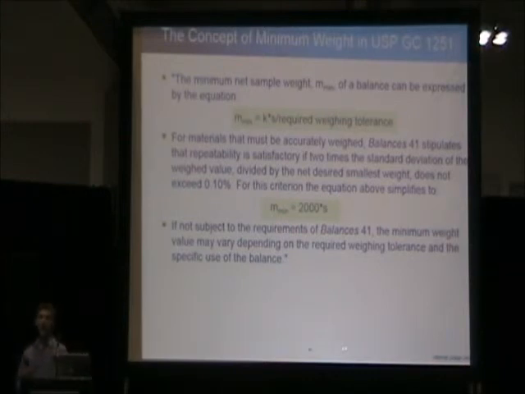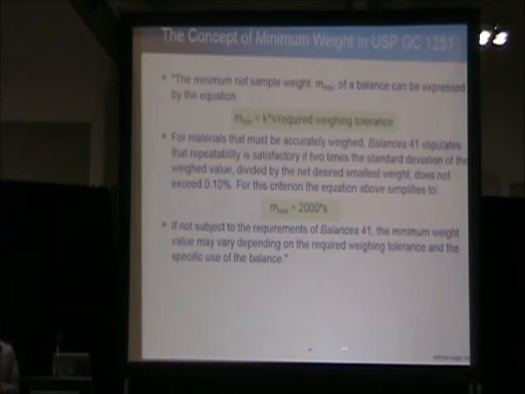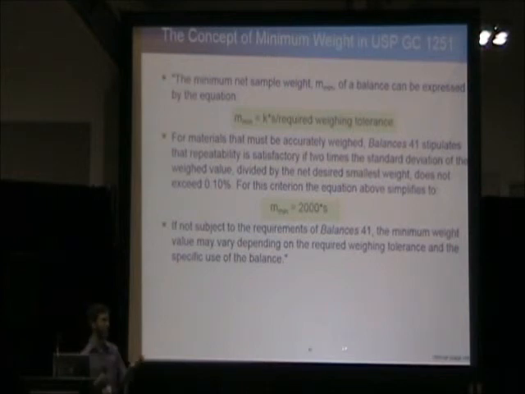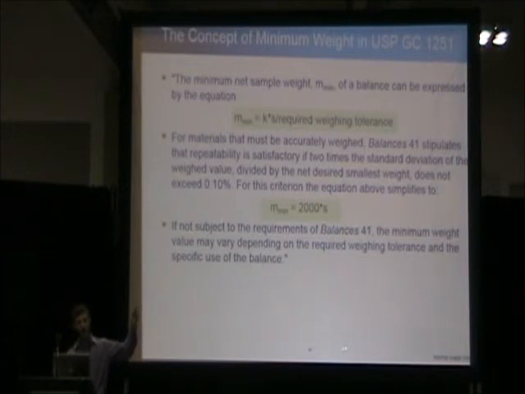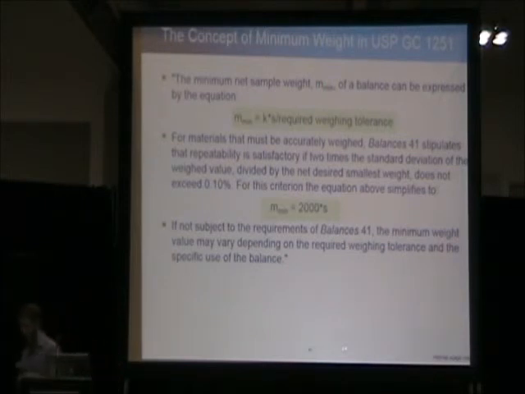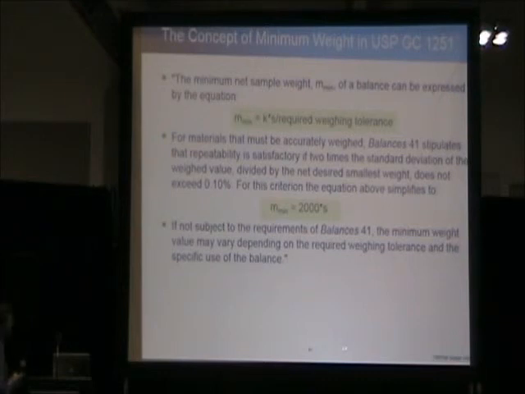If you had a process tolerance of 1%, that equation would equal 200 times S. If your particular process tolerance was 10%, that equation would equal 20 times S. So as you can see, the higher your process tolerance goes, the lower you're actually able to weigh on that particular instrument.